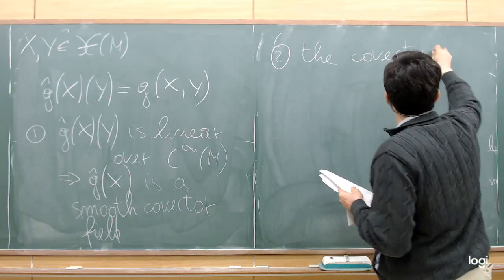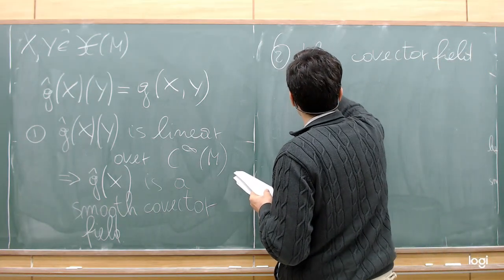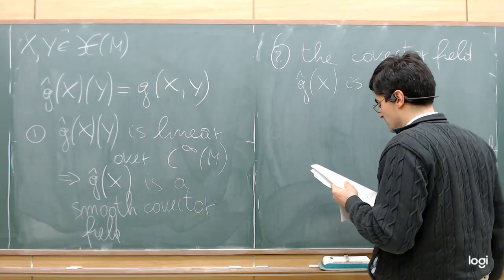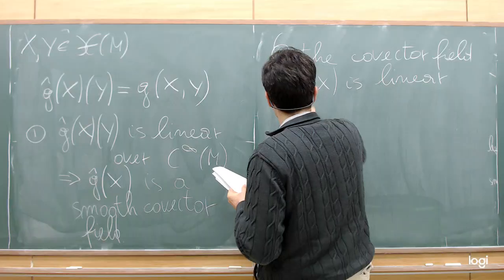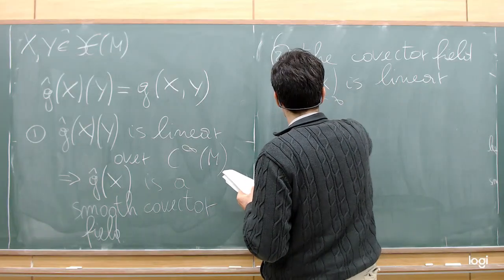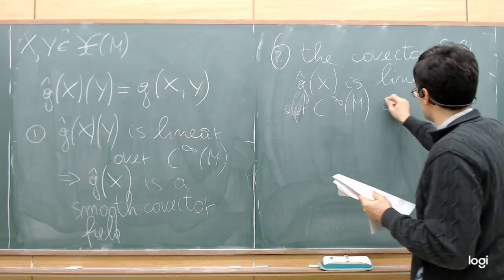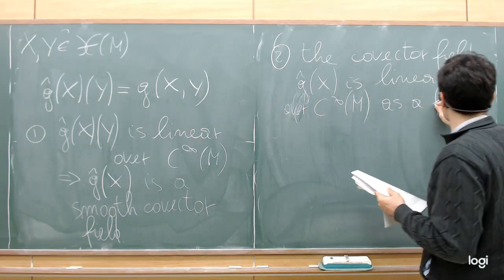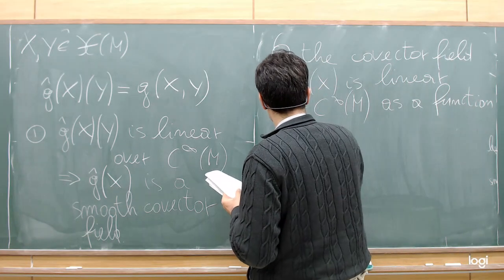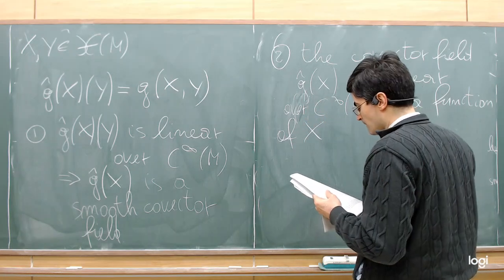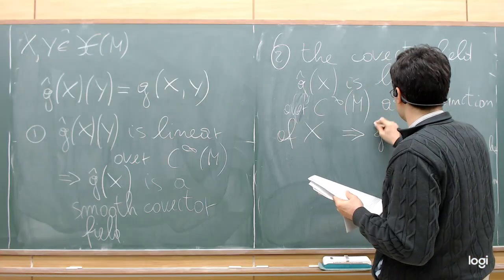And second, the covector field G hat X is linear over C infinity M as a function of X, and this implies that G hat is smooth.